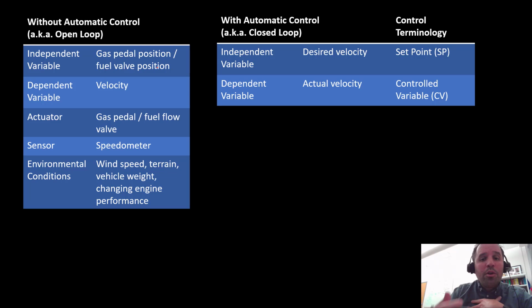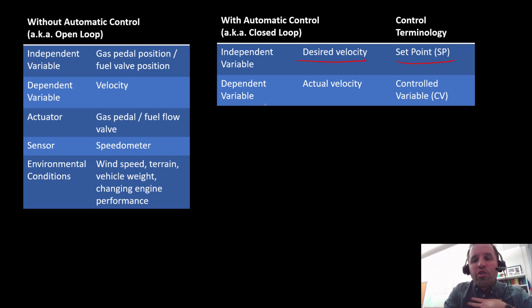When we enable cruise control, we are switching our independent variable. So now we're no longer directly setting what the fuel valve position should be. Now we are telling our car and our cruise control computer what our desired velocity is, or we're giving it that set point. So that becomes our independent variable. Our actual velocity, if we have a good controller, will ultimately become the same as our desired velocity, but this would still be a dependent variable.